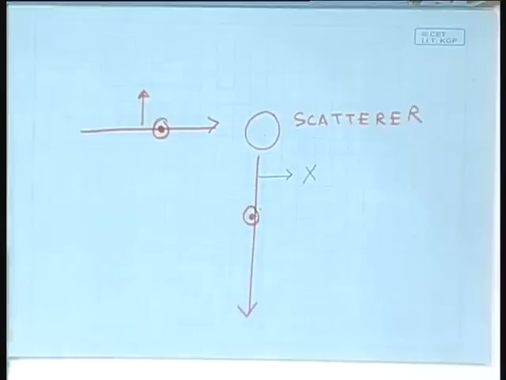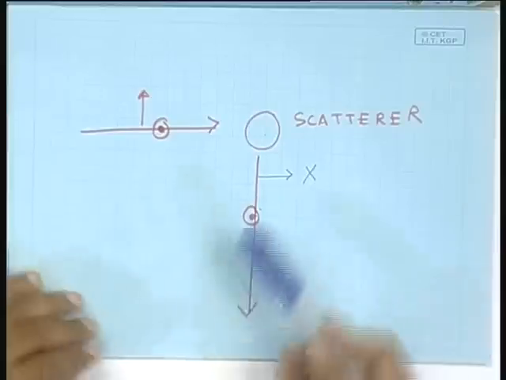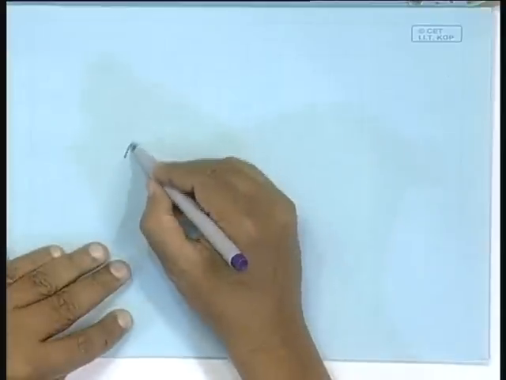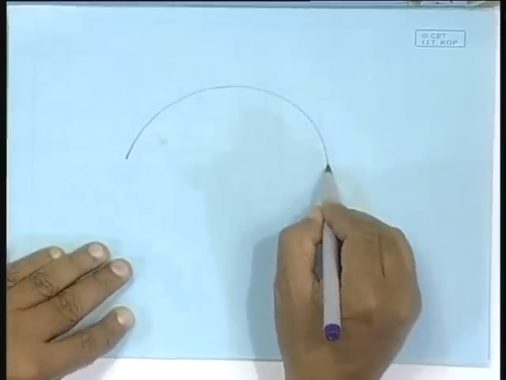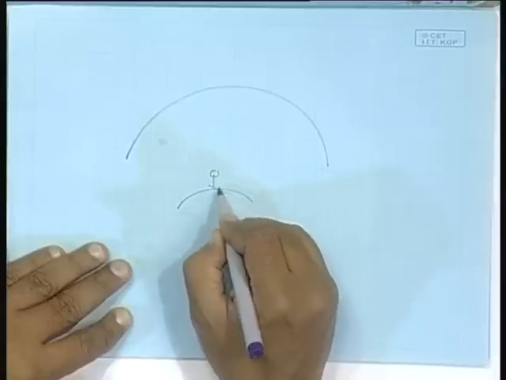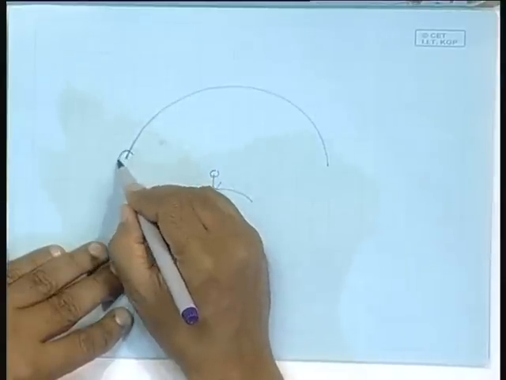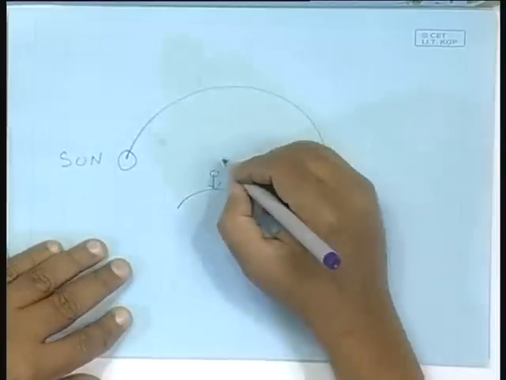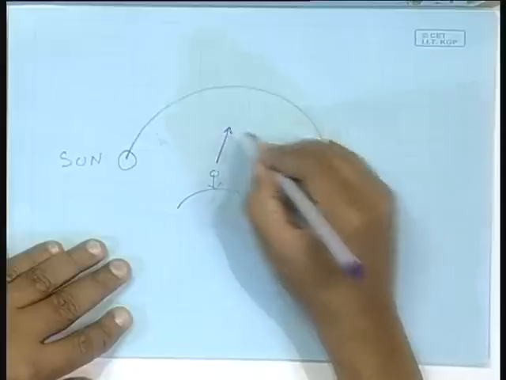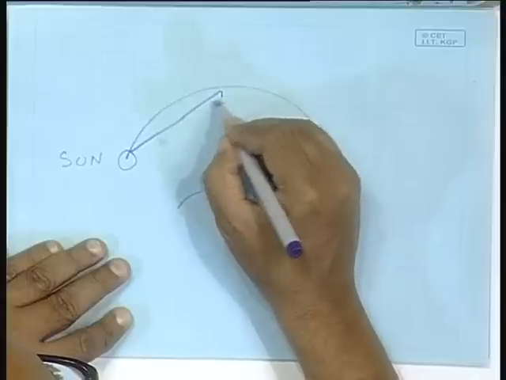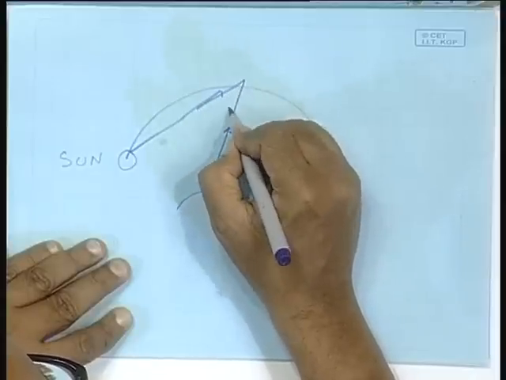So this is one way in which scattering produces linearly polarized light, and this occurs in nature because when you look at the sky, think of this as the sky and this as the earth's surface. We are standing here, the sun, let us say, is here. When you look in this direction, you will see sunlight which has got scattered and is coming in this direction.